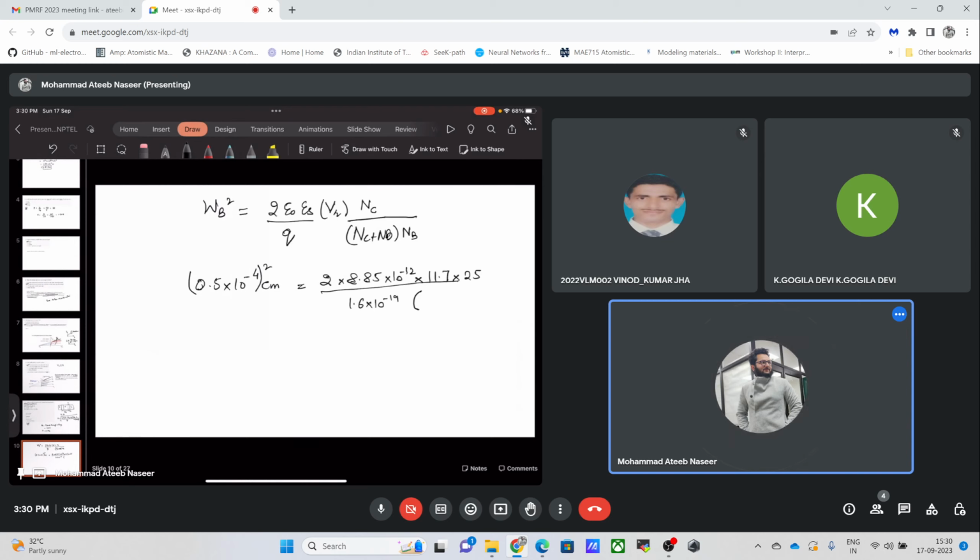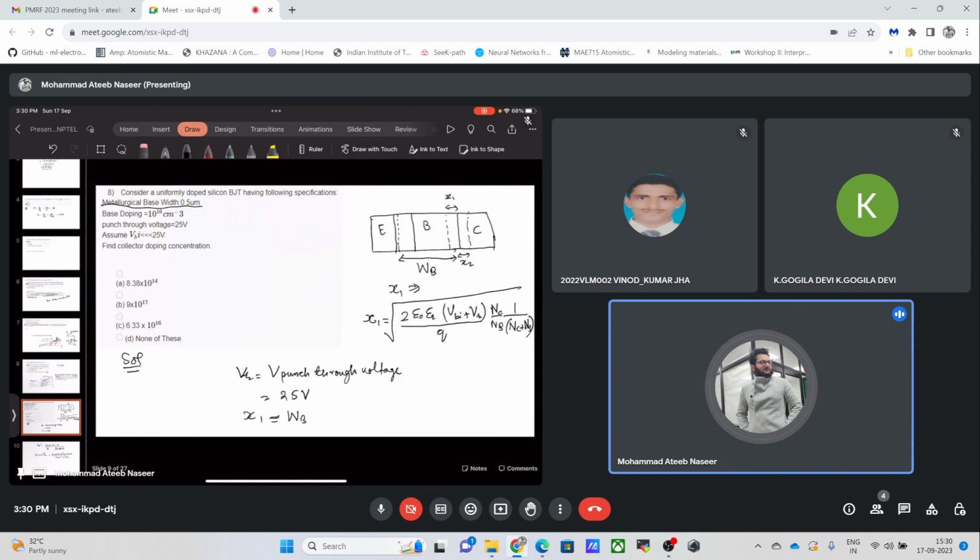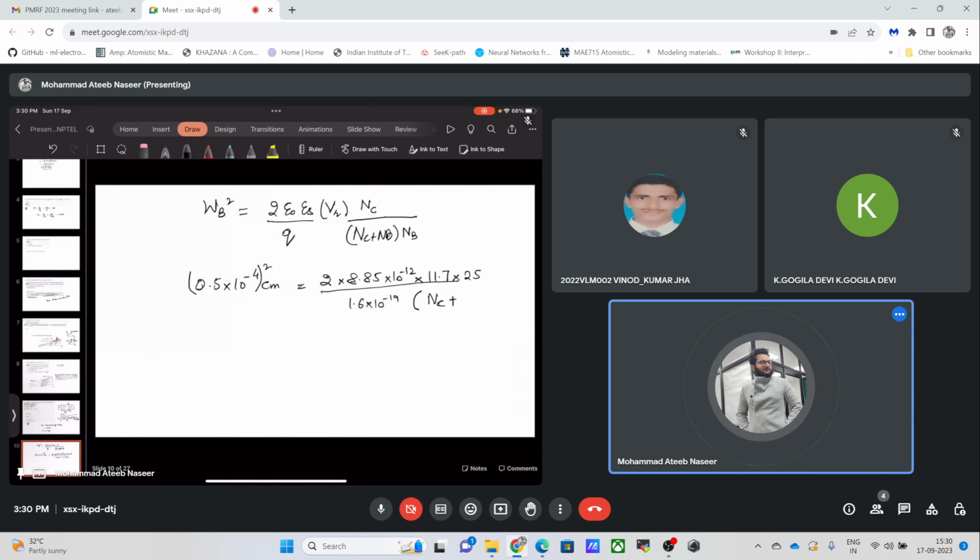Then NC divided by NC plus NB, where NB is equal to 10 to the power of 16.